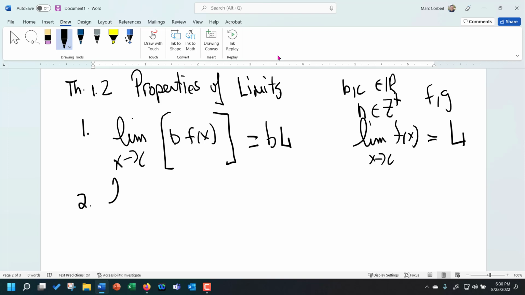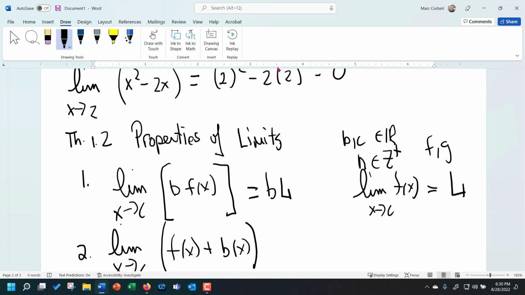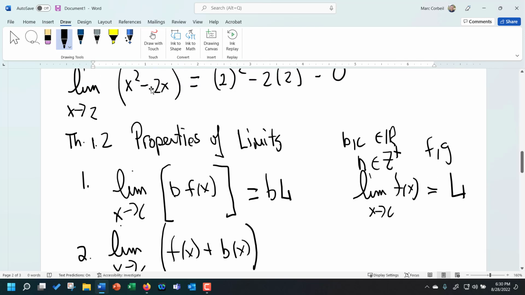Some are different, so if we take the limit as x goes to c of f of x plus g of x, we kind of saw that when we did the x squared minus the 2x on the top. That's actually two functions if you want. So it could have been the limit of x squared and then minus 2x.